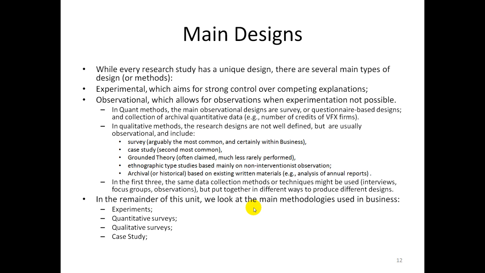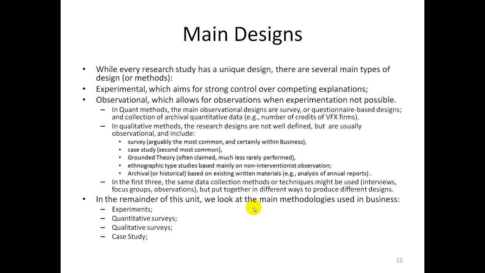Case study, which is the second most common method, arguably. The use of grounded theory, a specific research design with some very specific steps one needs to take. Grounded theory is a method often claimed by researchers, but it's much more rarely performed.